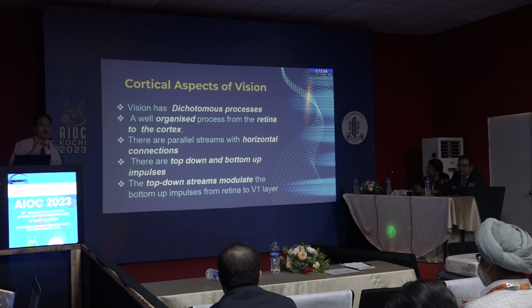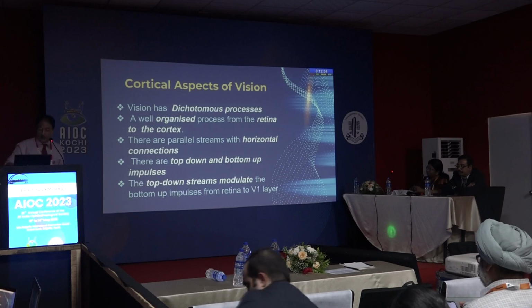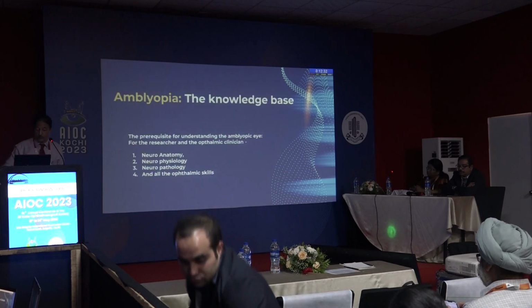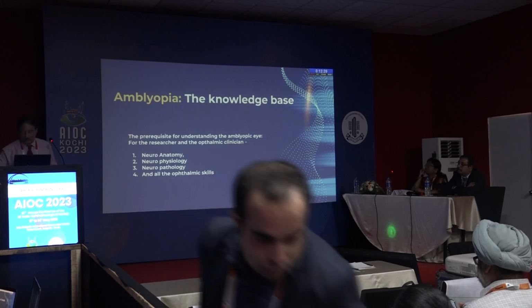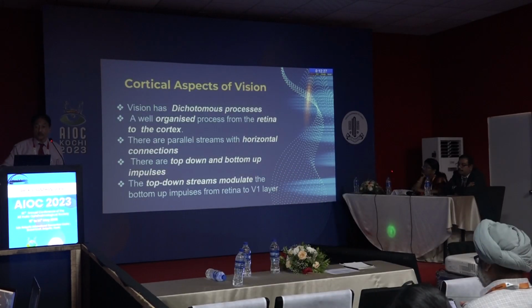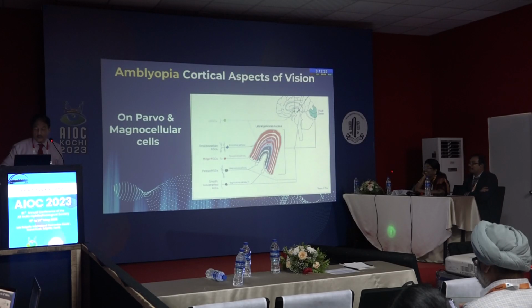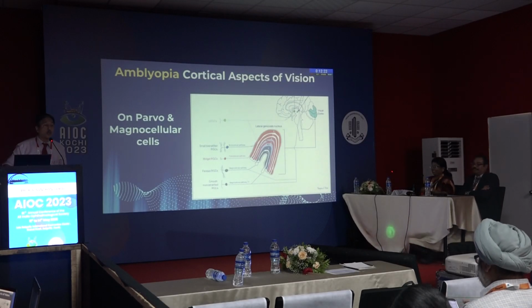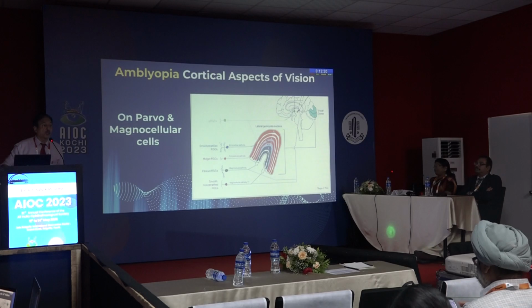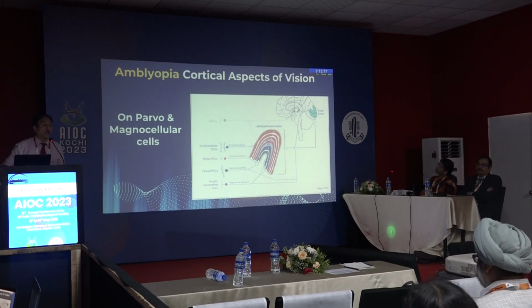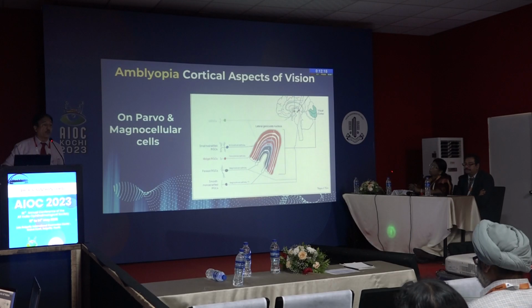Okay, vision is a very complex process. It has got a dichotomous process, nasal and temporal retina, right and left eye. Then at the lateral geniculate body, you see the central retina has a greater representation in layers 3, 4, 5, 6, whereas the peripheral retina has a smaller representation in only layers 1 and 2.